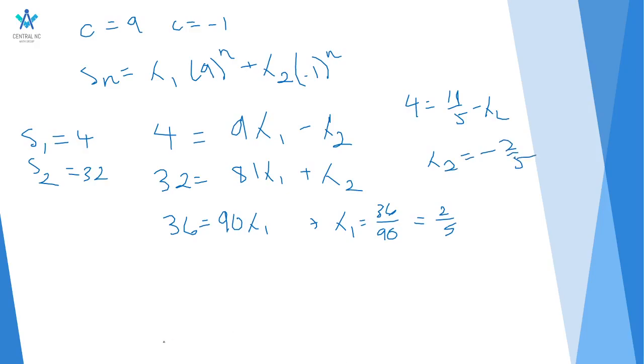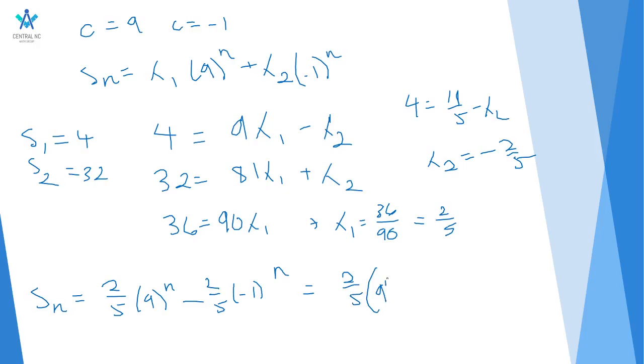So our expression here is going to be S of n is equal to 2/5 times 9 to the n minus 2/5 times -1 to the n. And there's your expression. We can go one step further and factor out 2/5 to get 2/5 times (9 to the n minus -1 to the n).